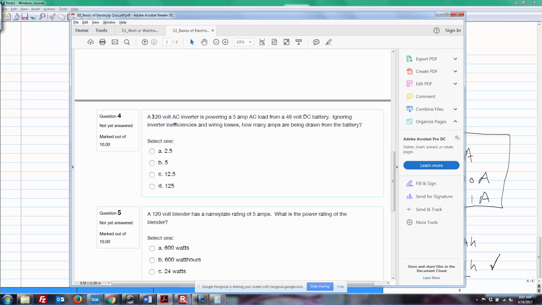Okay, a 120 volt inverter is powering a 5 amp load from a 48 volt battery.